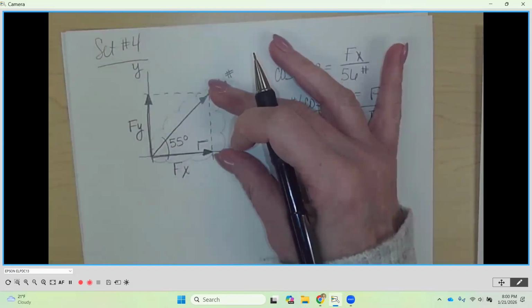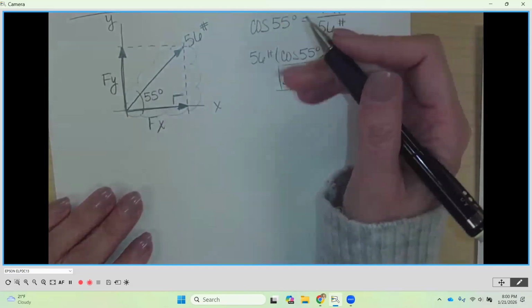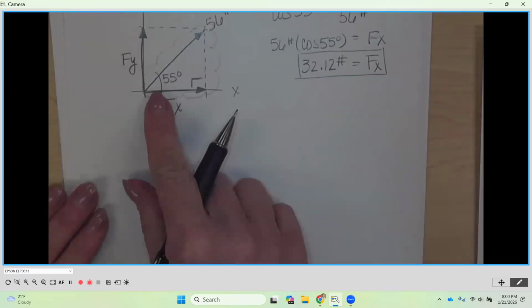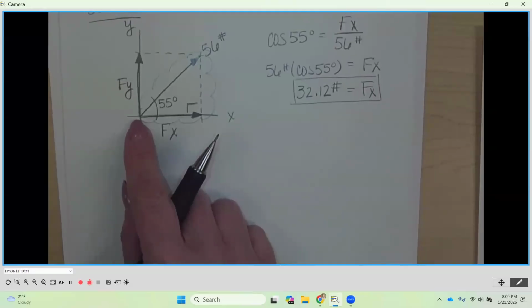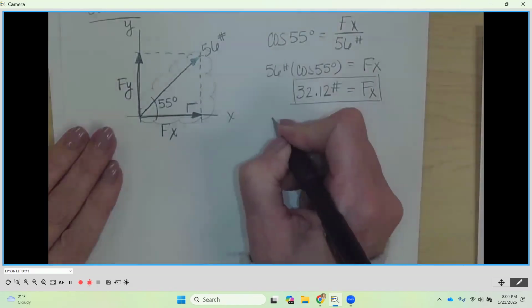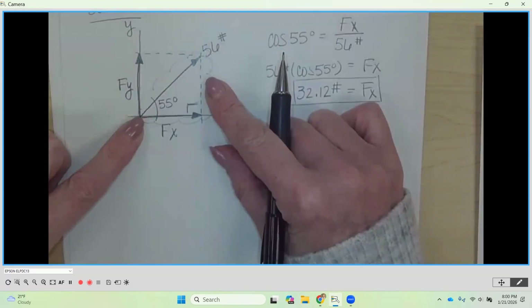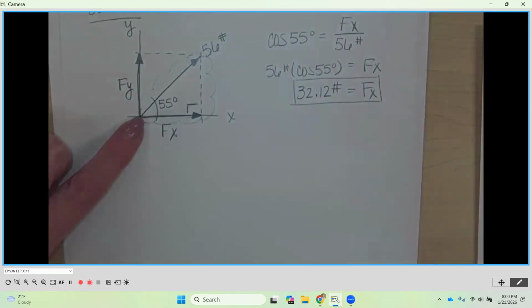All right. I know sometimes math teachers allow you to float those vectors. And I understand the visualization of it, but the problem is the application of the force is here at the origin. Does that make sense? Okay, so it's important to draw it on the y-axis. So this one, because it would be the side opposite from the angle, and we have the hypotenuse, which function this time?